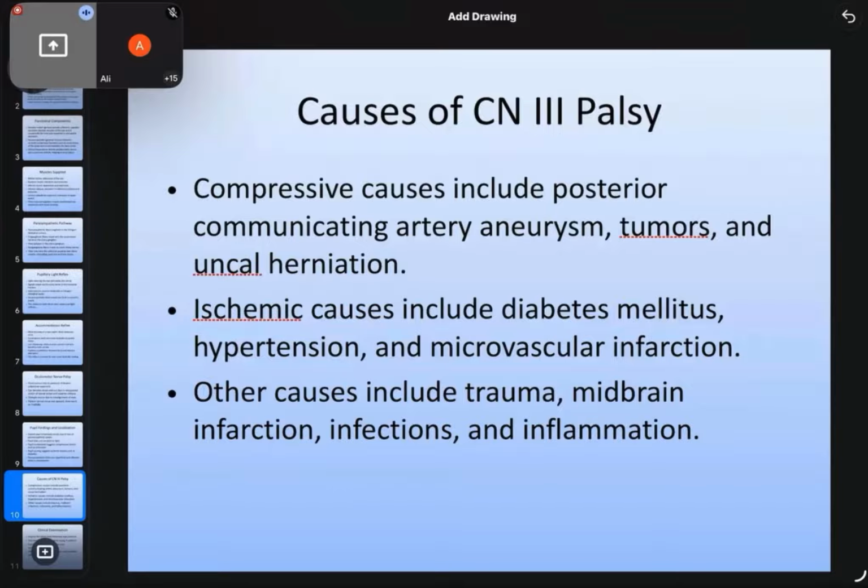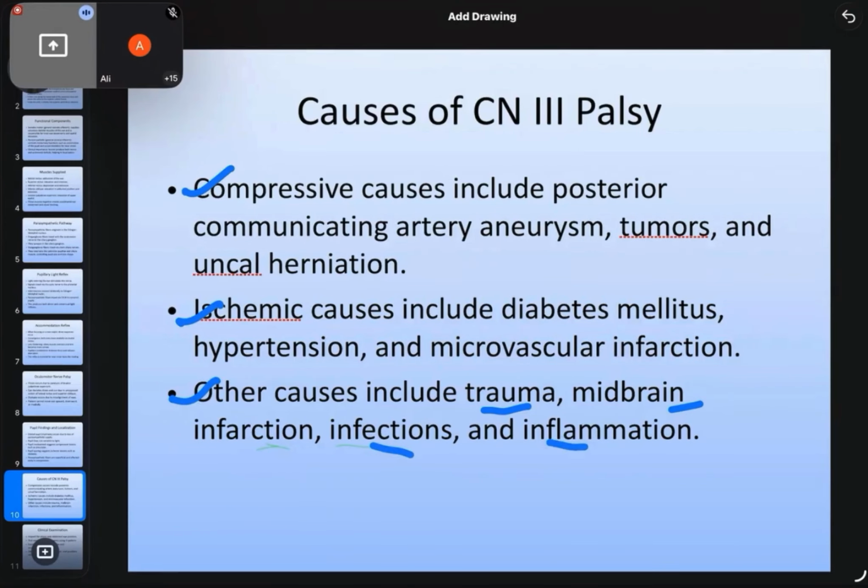Basically, this cranial nerve palsy is broadly divided into compressive, ischemic, and other causes. Other causes are trauma, so maybe a patient has had a minor accident or something. It could be midbrain infarction, also infection of certain kind, and also inflammation.